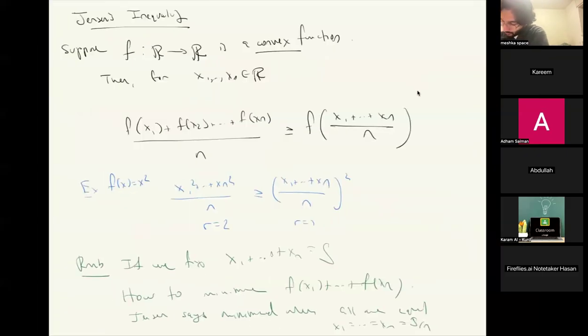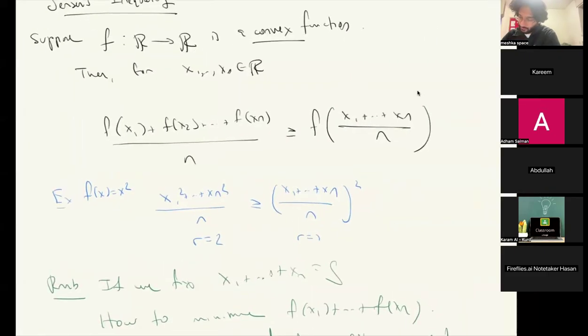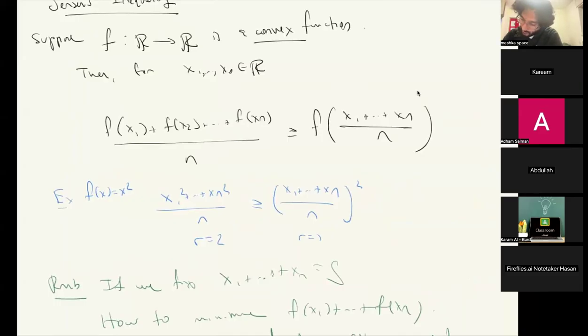Okay, so now let's go back to this. Jensen says that if you have a convex function, then this is true. Actually, I want to state the weighted version of Jensen because I think it's easier to understand. In the weighted version, instead of just taking the average here and here, you take a weighted average.